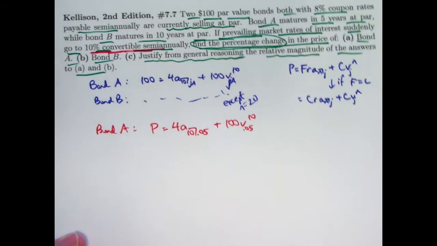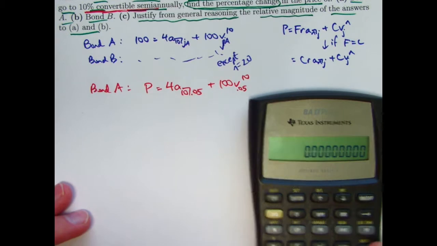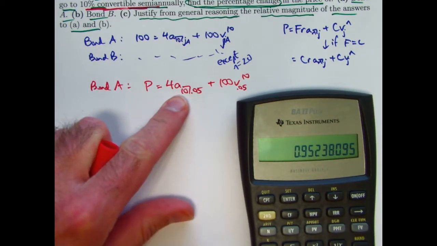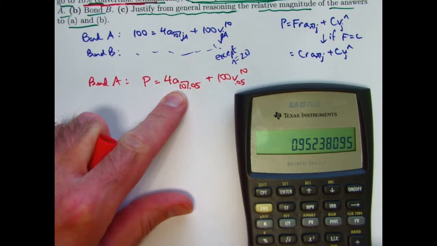Go ahead and compute this. 1.05. Take 1 over that to get V. Raise that to the 10th power. Subtract from 1. Divide by 0.05. Multiply by 4. The present value of the coupons is 30.89.